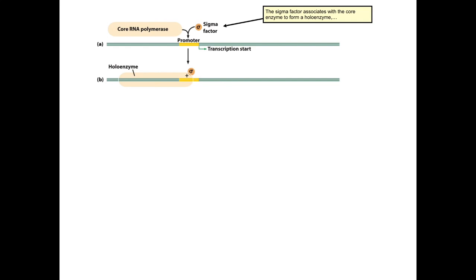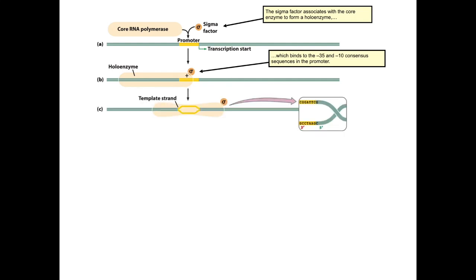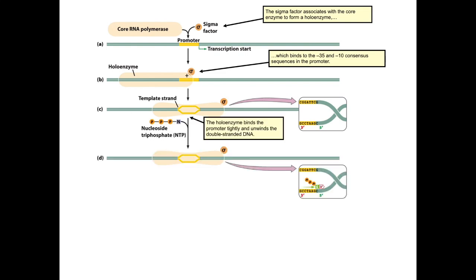The holoenzyme binds to the minus 35 and minus 10 consensus sequences in the promoter. The template strand unwinds. Then a nucleoside triphosphate complementary to the DNA at the start site serves as the first nucleotide in the RNA molecule.